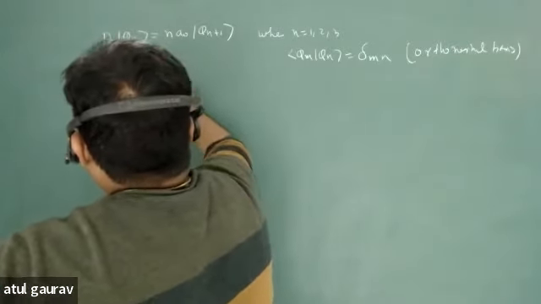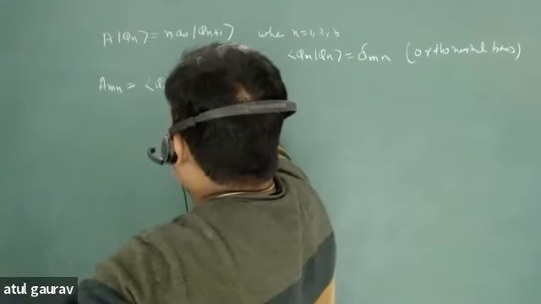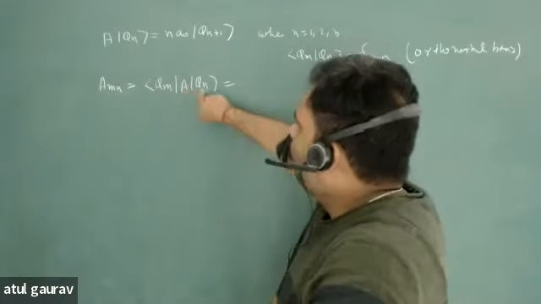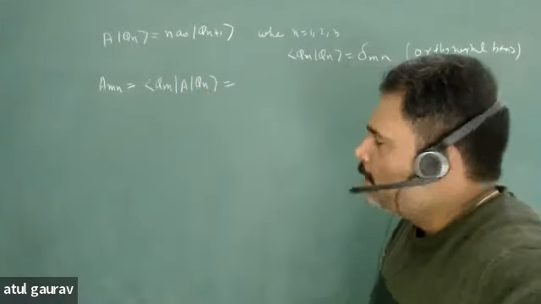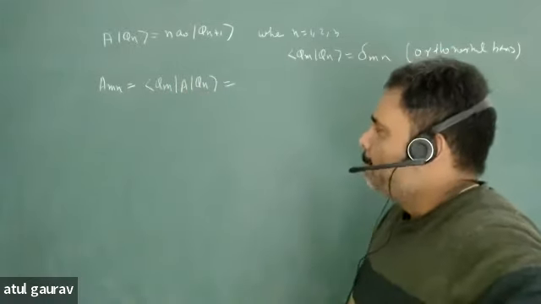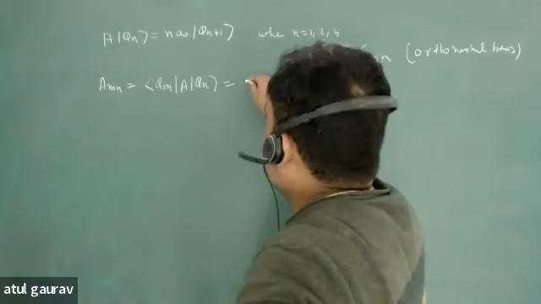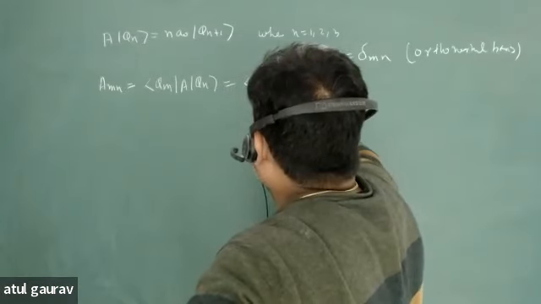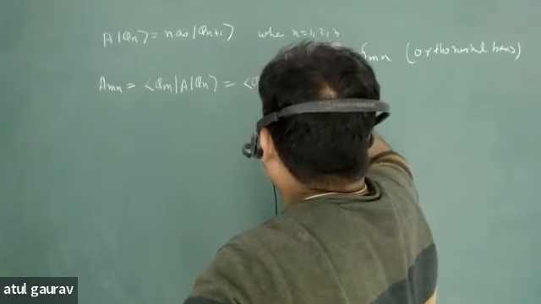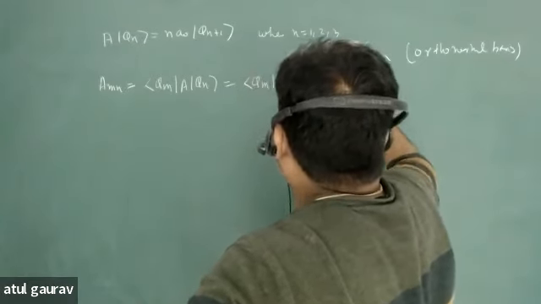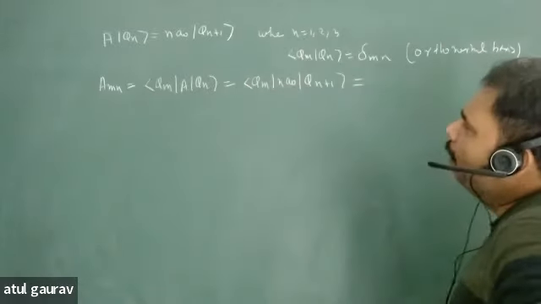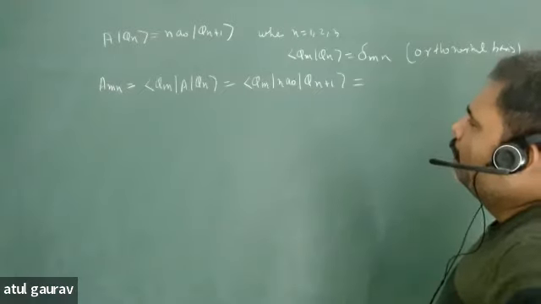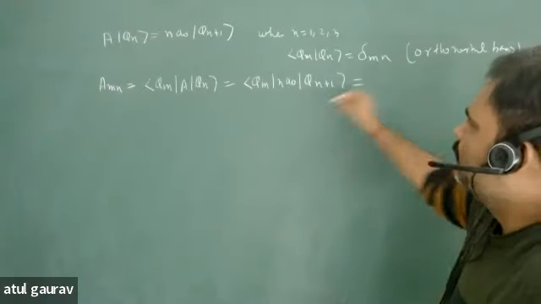Phi m A phi n. Yes, A will operate on phi n. What you will get? n a naught phi n plus 1. So first you will write phi m, n a naught phi n plus 1. You can take n a naught common, ले सकते ना? हाँ, बाहर ले सकते हो.